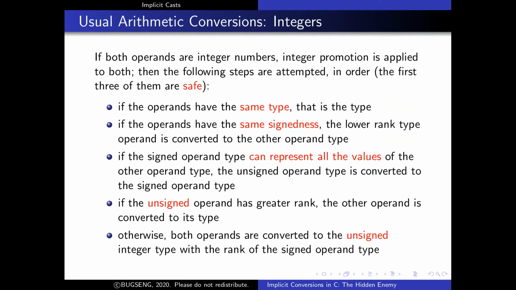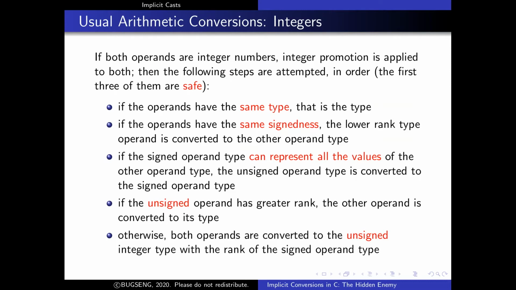Second rule, if the operands have the same signedness, meaning they are both signed or both unsigned, then the lower rank operand is converted to the type of the other operand. Again, this is very reasonable. You convert in the direction of safety. Third, if the signed operand type can represent all the values of the other operand type, then the unsigned operand is converted to the signed operand type.